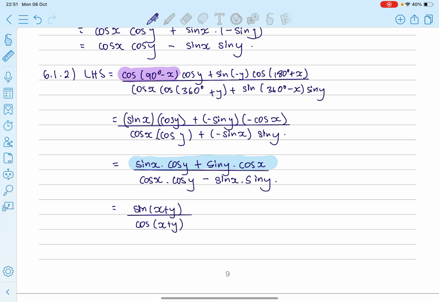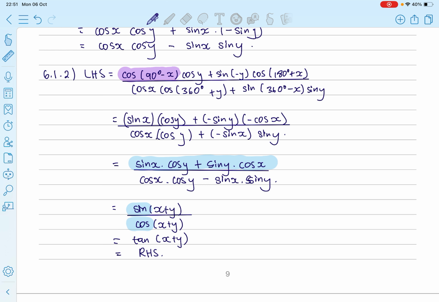Now, what you should recognize is we've got sine over cos. And whenever we've got sine over cos and they are having the same angle, it means that we can reduce it to tan. And they both have x plus y, so our tan will also be x plus y. And you can now see we have proved the identity, and this is equal to the right-hand side.